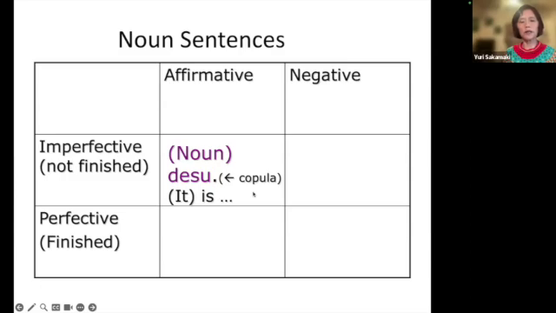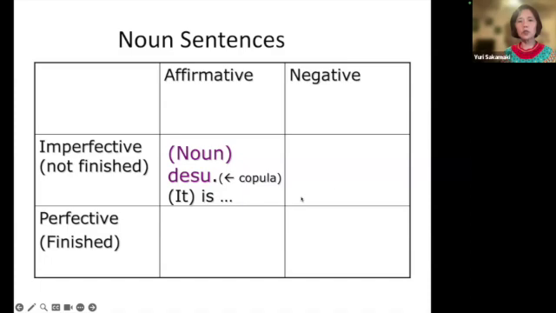So you can say pen desu. It doesn't have to be a thing. If you want to say they are students, you can say 学生です. Or if you want to tell someone is a teacher, you can say 先生です. So that's where this comes in.